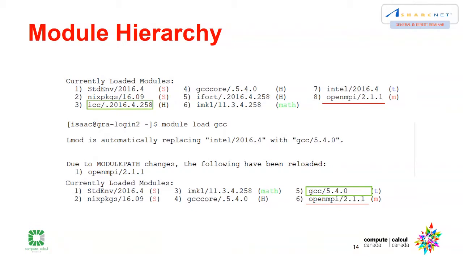You can simply do module load GCC. It will automatically unload Intel related packages, load the GCC, and at the same time replace OpenMPI packages with the GCC related OpenMPI versions. So when you change your module from Intel to GCC, now you can see OpenMPI 2.1.1. It looks the same, but this OpenMPI for GCC is actually loaded.